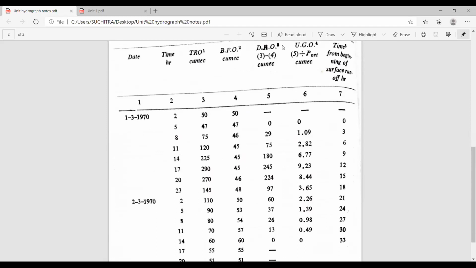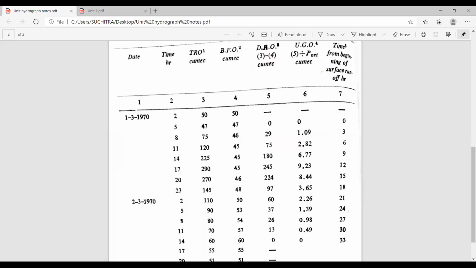Next, you want the direct runoff ordinates. From the definition, the unit hydrograph is a hydrograph of unit duration, occurring uniformly over the catchment area, which produces a volume of runoff equal to 1 centimeter.